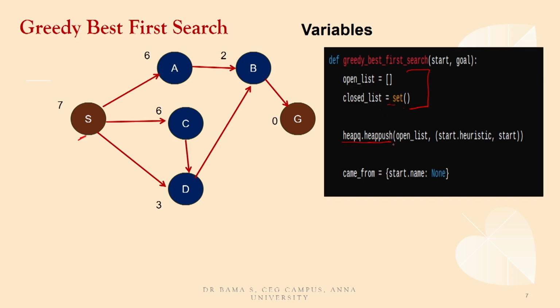Now, the third line is where the priority queue comes in. The open list will be the prioritized one after the update, and the structure is start dot heuristic, start. This is the value that we see, 7, 6, 2.